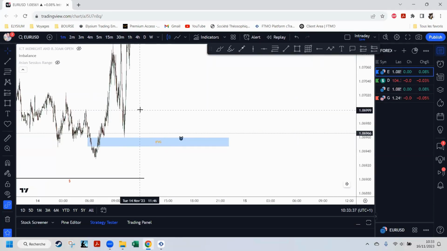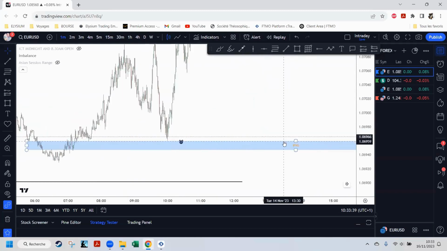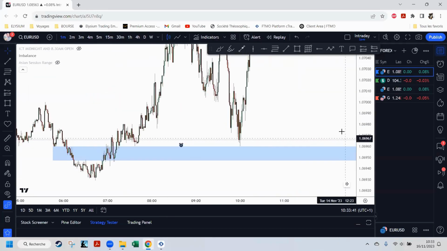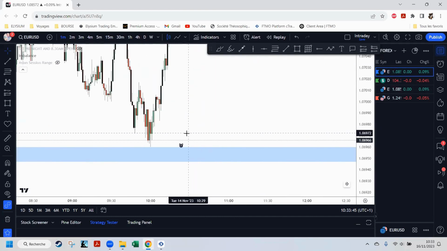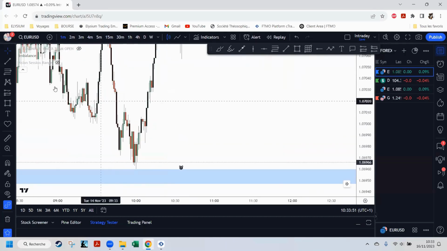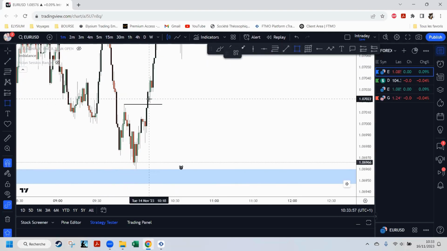So on the 1 minute, how can you trade this? As always, I wait for a shift in market structure. This was not clean for me. However, this is clean, and this fair value gap is a displacement fair value gap up.